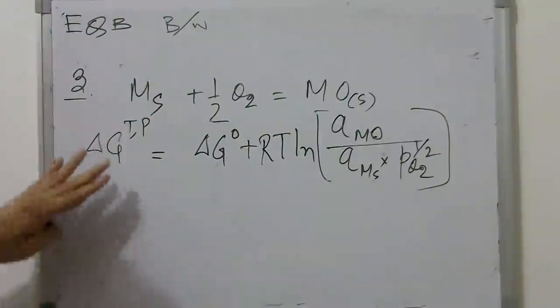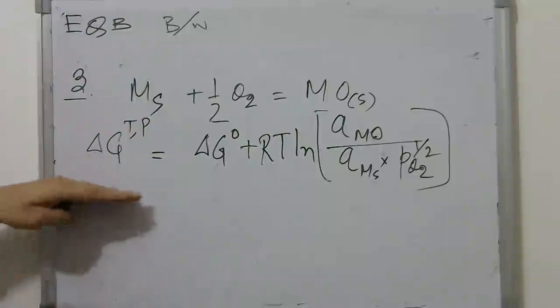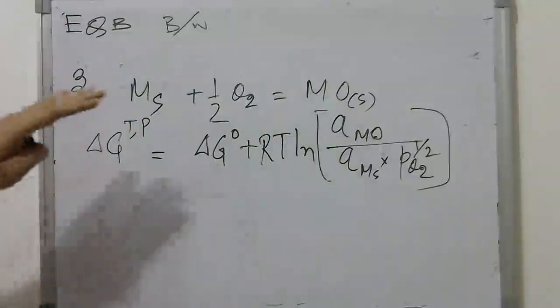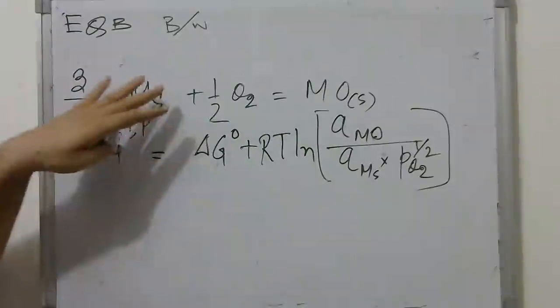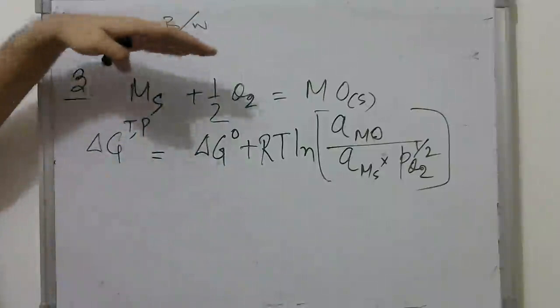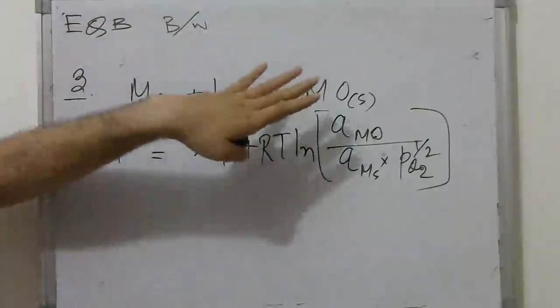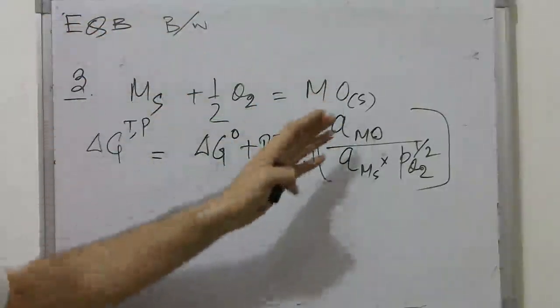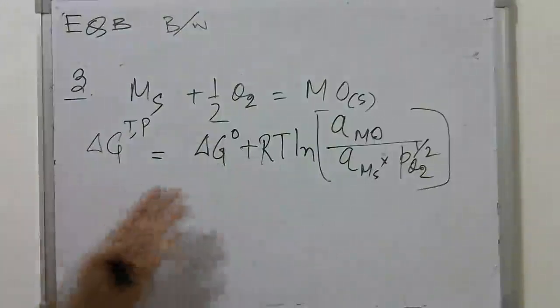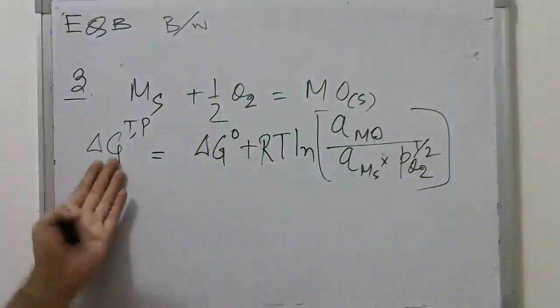We say that for that condition, the free energy change is zero, that is, the difference of free energy between the products and the reactants should be zero. So to establish the condition, ΔG(T,P) has to be zero.